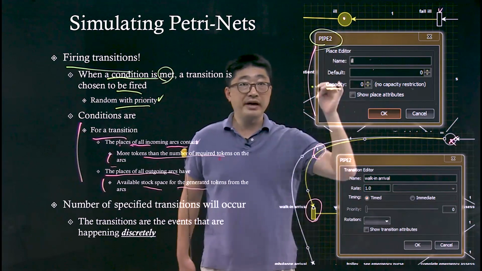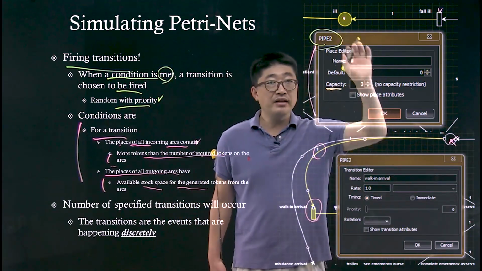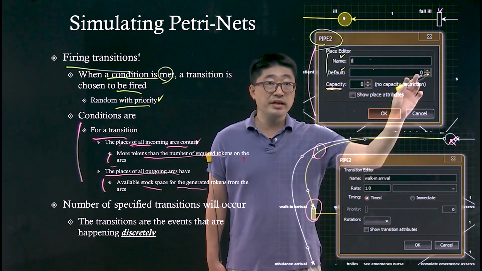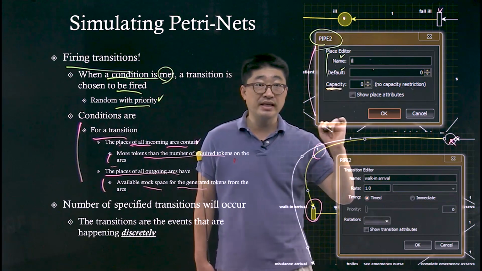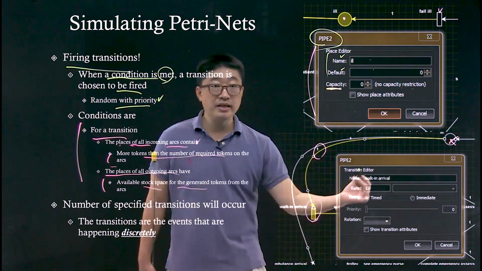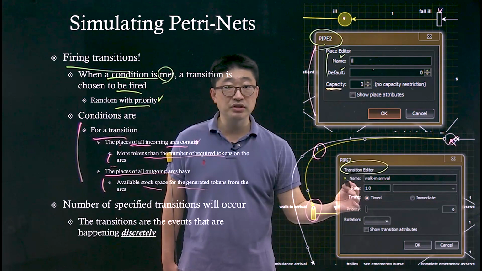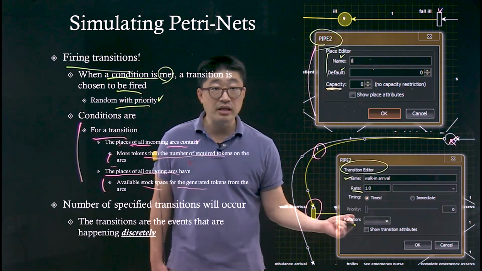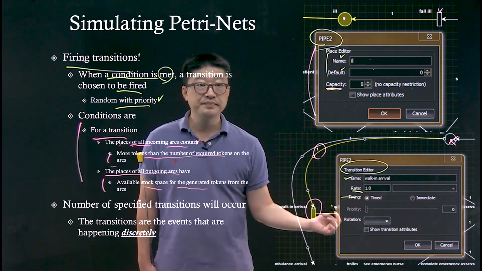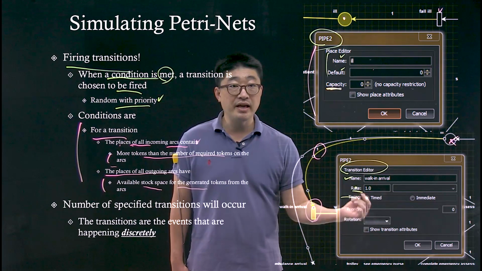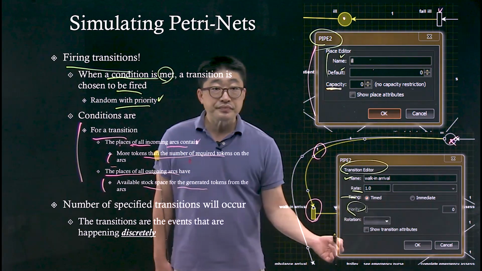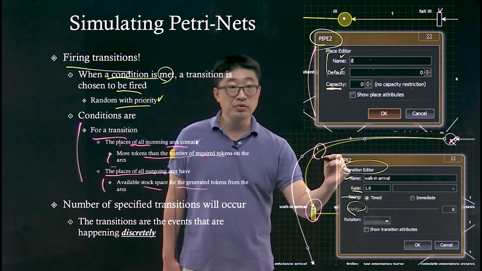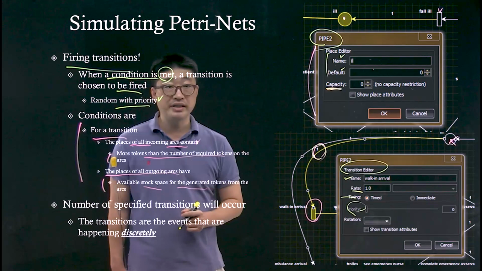PIPE 2 can set up the place name, how many tokens are initially placed, and its capacity. We can set up the transition name and transition rate, which determine the priority and the timing. And the arc can be set up with how many tokens are needed.